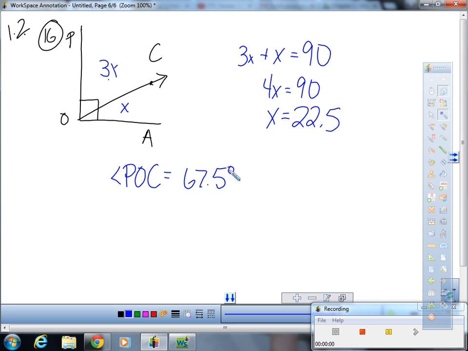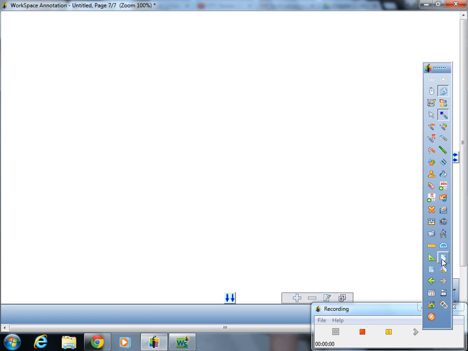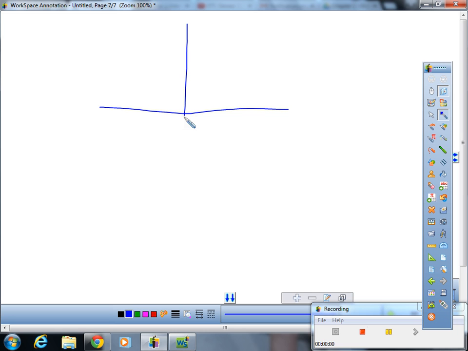Number 19. ABC and CBD have the same measure. They intentionally make it look like they might be a straight angle. So it says ABC and CBD have the same measure. Now, what does it say ABC is? 3/2 x plus 2.